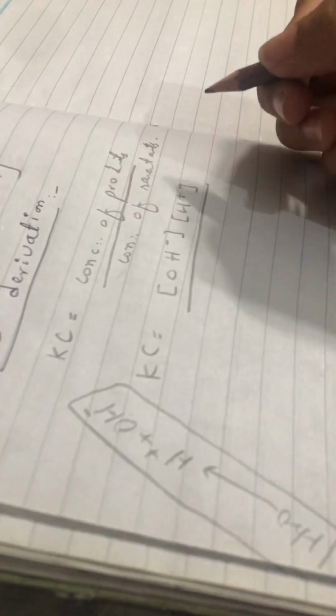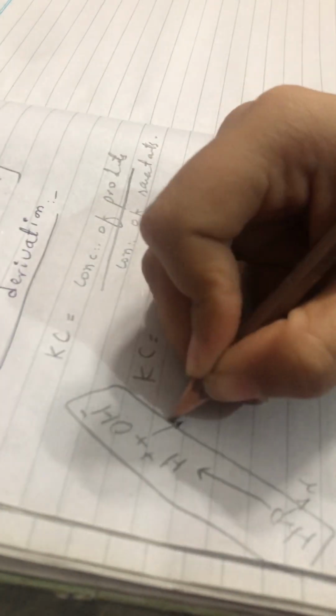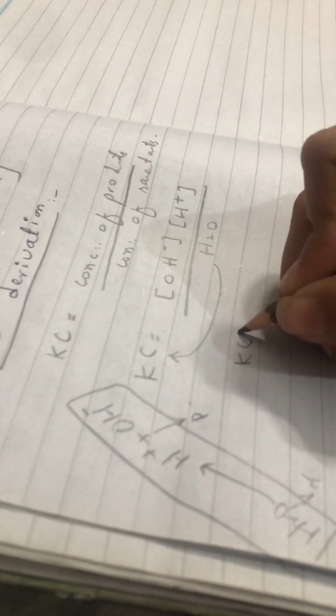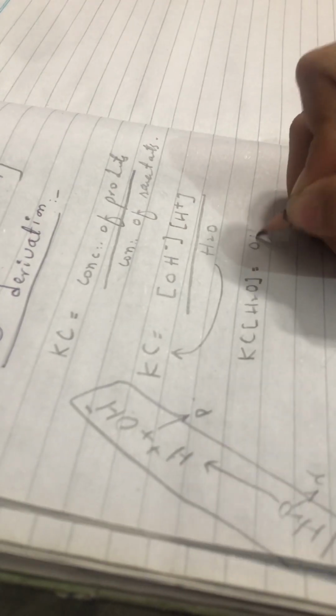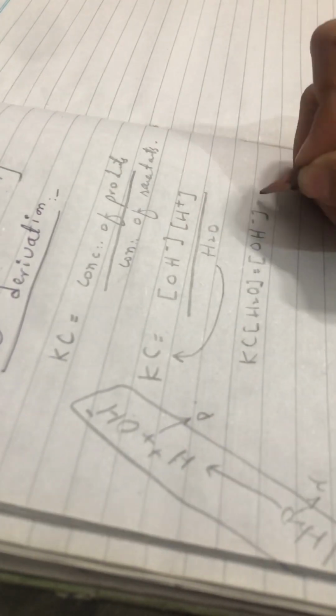Now what is the concentration of the reactant? That was the H2O, right? This is the reactant and this is the product. So here when we shift H2O, we can write it like this.